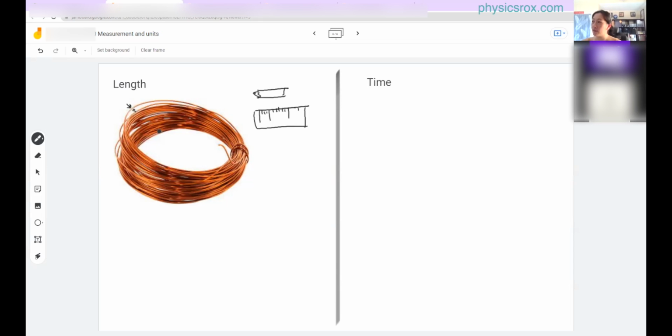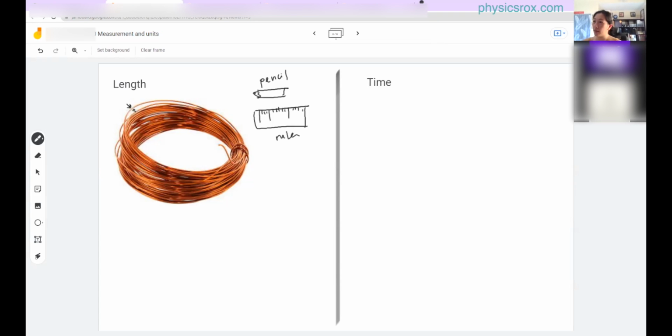I'm not sure whether you've learned this before. If they give you this kind of tools, a pencil and a ruler, how do you measure the diameter of a wire? Have you learned before? No. Okay. So this is what you do.